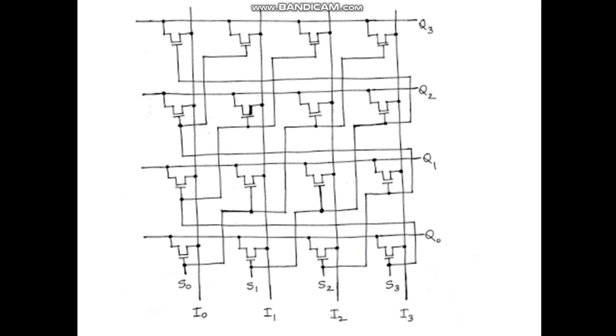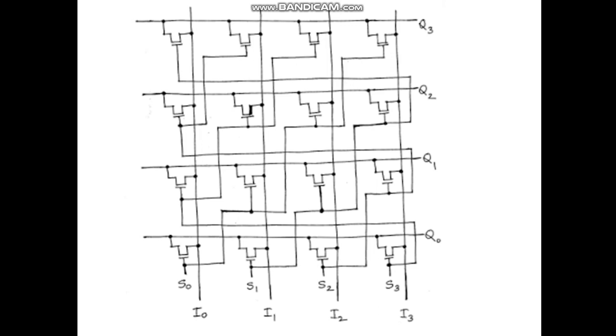Now see here, S0 is connected in a diagonal way to the remaining transistors. So the S0 input is given to 4 switches. Similarly, the S1 input is given to 4 gate inputs, S2 is used to control 4 gate inputs, and S3 is used to control 4 gate inputs.